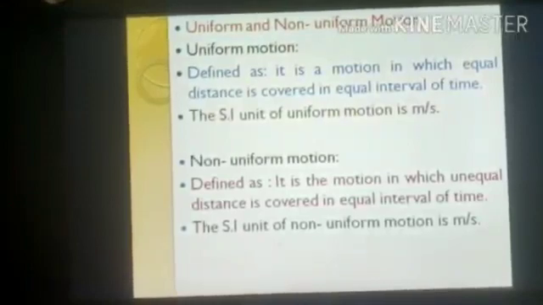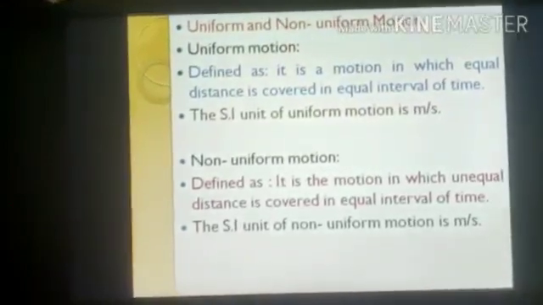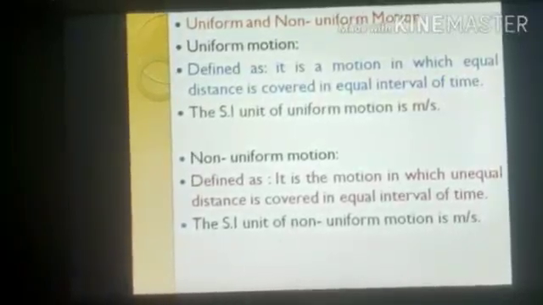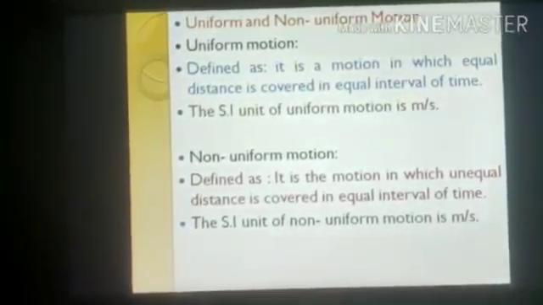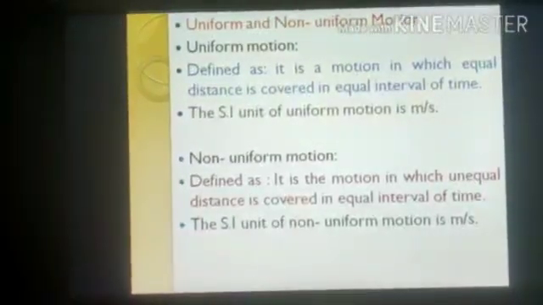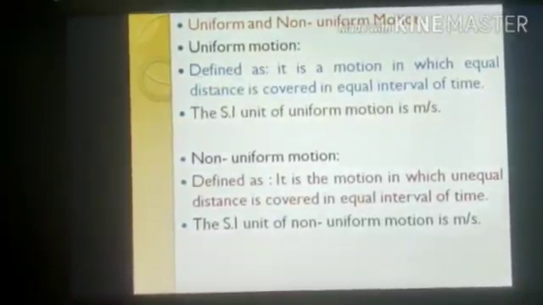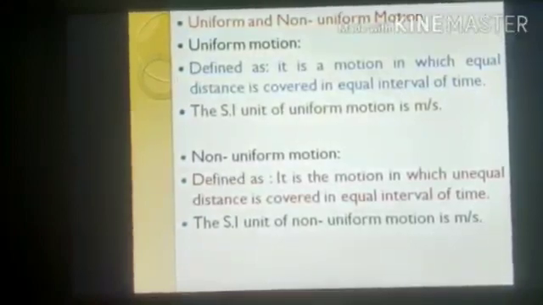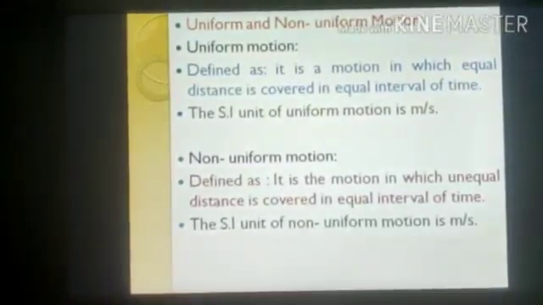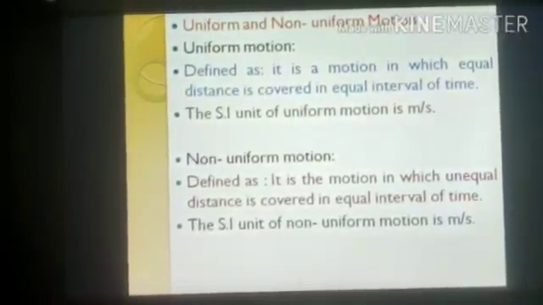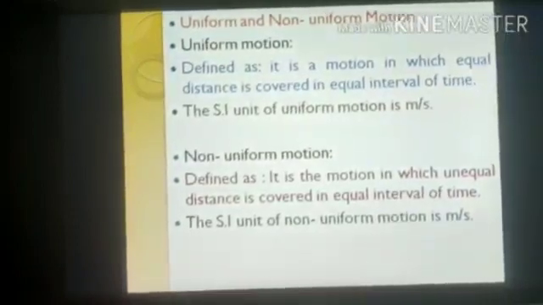Non-uniform motion is defined as the motion in which unequal distance is covered in equal intervals of time. That means you are driving a bike or a car, starting from 0 km and moving for 10 km, after that you increase your speed to 50 km, suddenly a speed breaker comes and you decrease your speed from 50 km to 10 km.